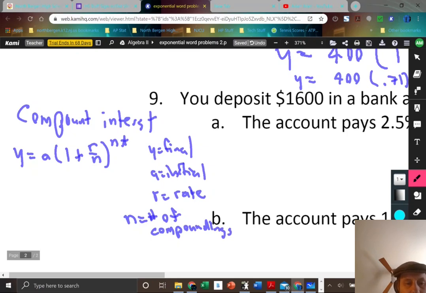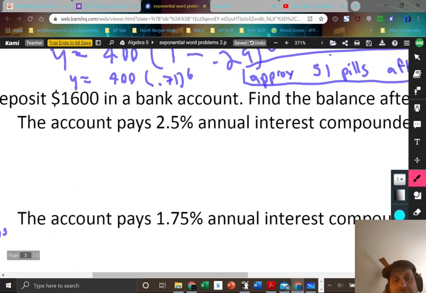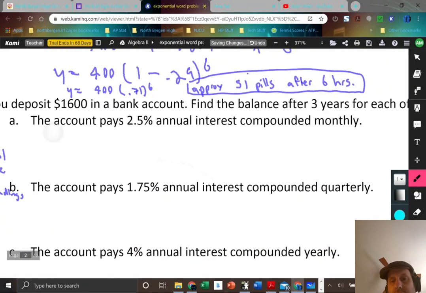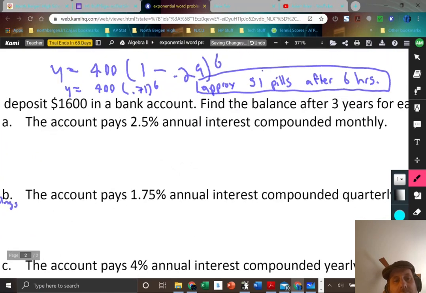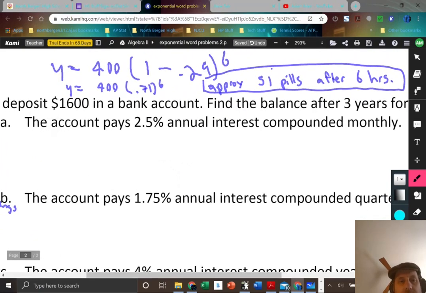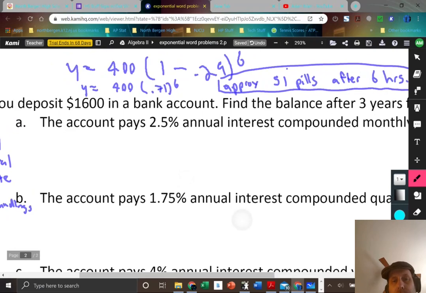And t is, once again, time. So right here, the account pays 2.5% annual interest compounded monthly. Every month it compounds the interest. No problem, but it's 2.5% annual interest.